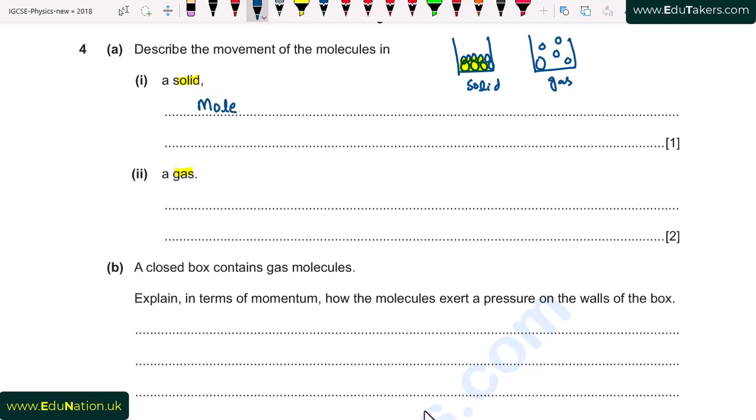molecules vibrate about fixed position. And in the case of gases, we can see here the molecules are very distant apart from each other, and these molecules move randomly at very high speed.